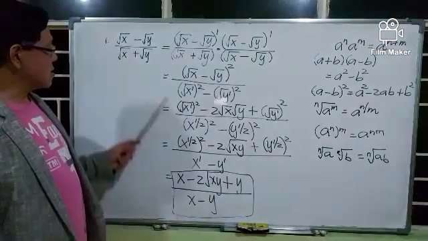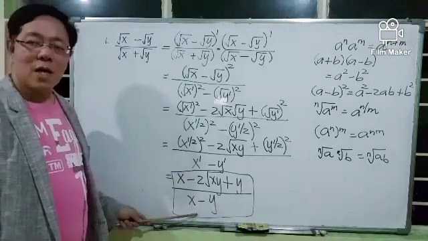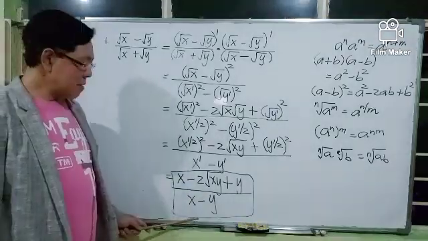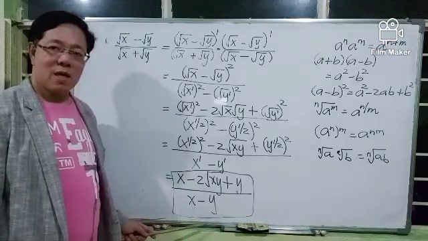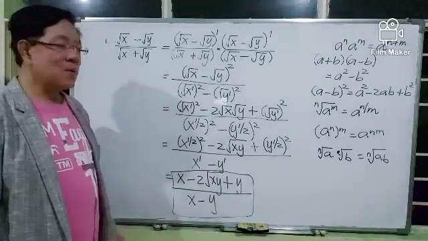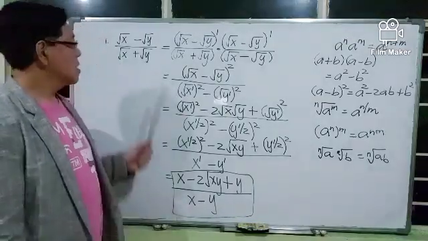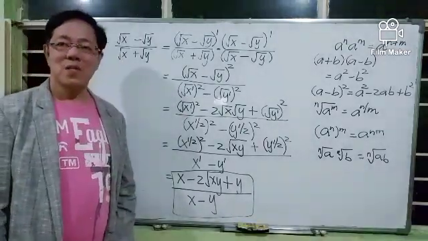The only difference is that in this rational algebraic expression, we do not have anymore the radical signs. We have removed the radical sign, the square root from square root of x, and the radical sign from square root of y.